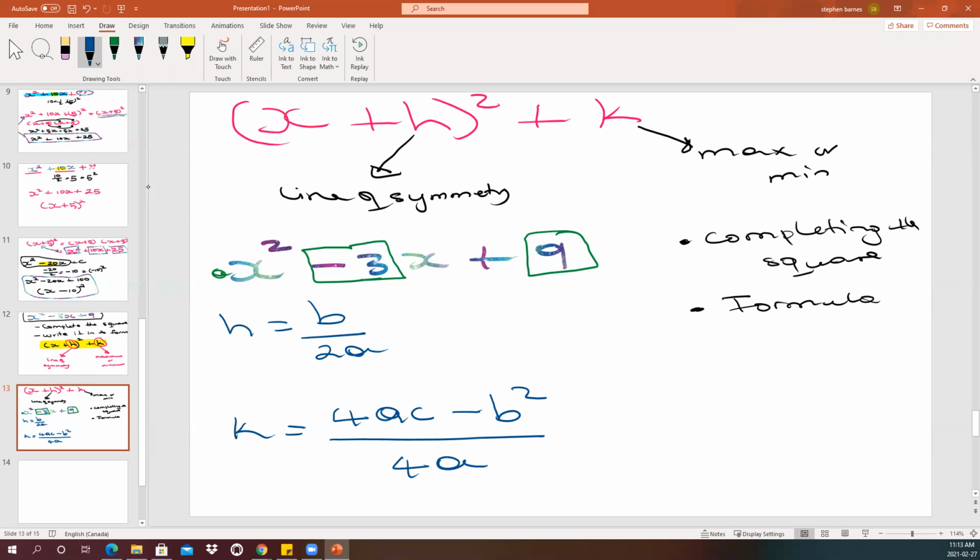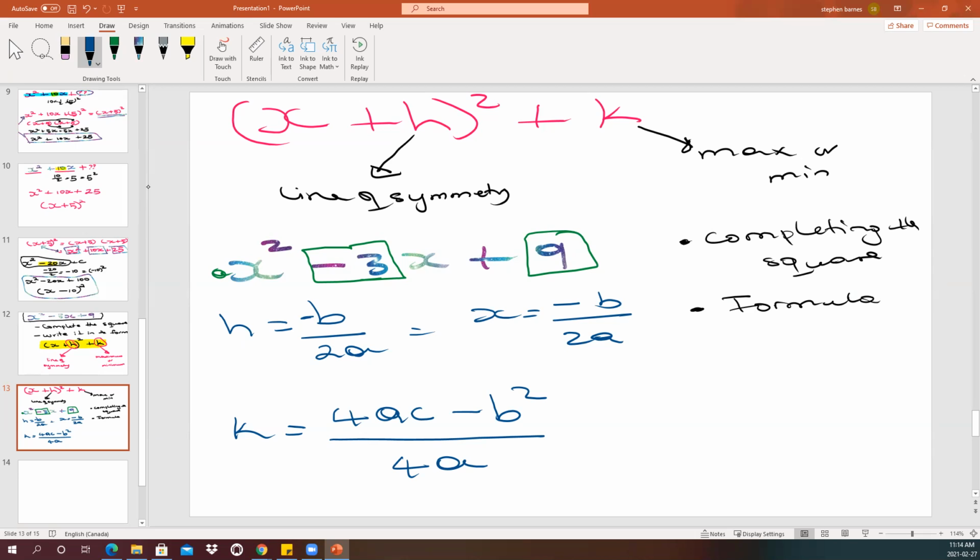So that is how you find h, and that's how you find k. h will work out to give you the line of symmetry, and whatever value you have, it has to be the negative value, right? Because the line of symmetry is x equals negative b over 2a. So when you find the h value for this, the negative version of it is your line of symmetry.